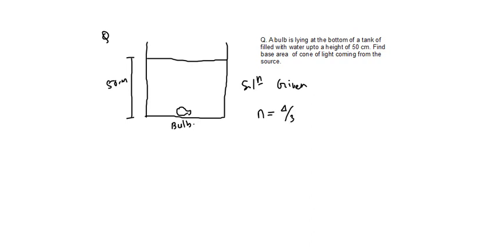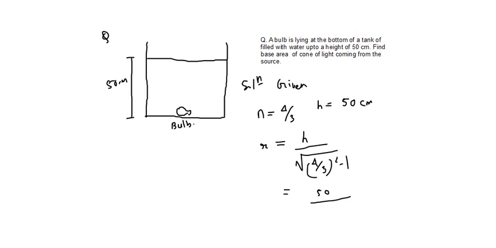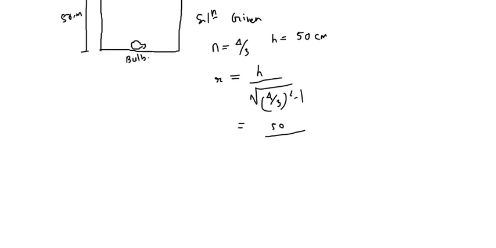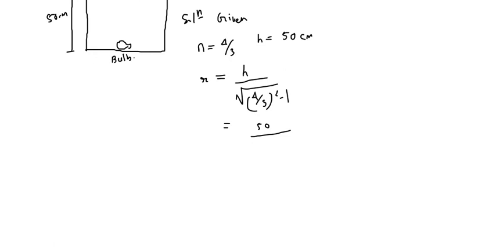Now height is 50 centimeter. So R will be how much? H by root over 4/3 whole square minus 1. So H is 50, so 50 by root over 16 by 9 minus 1.